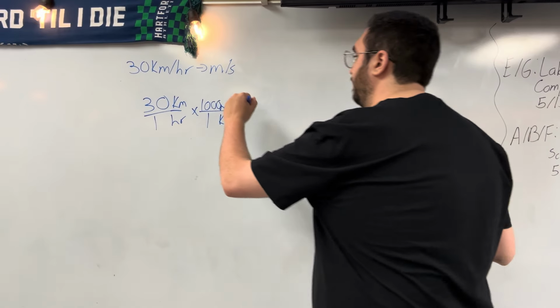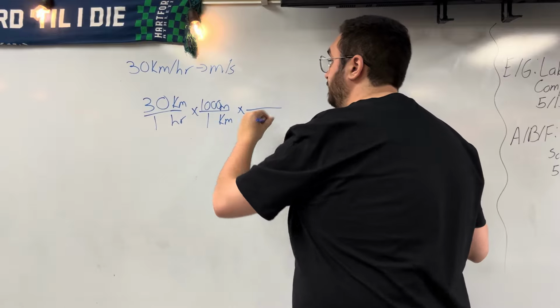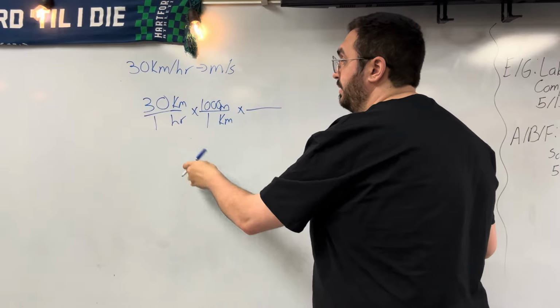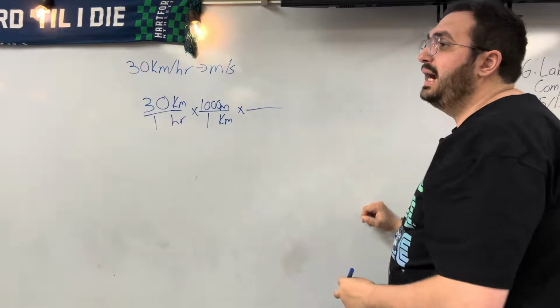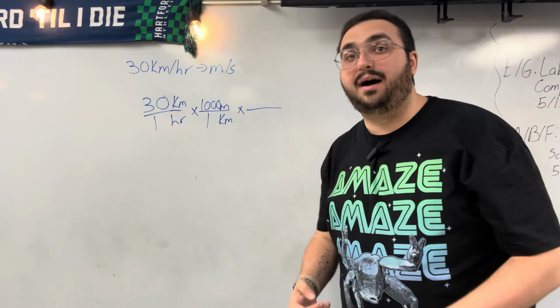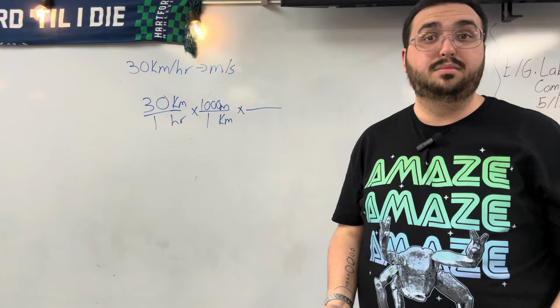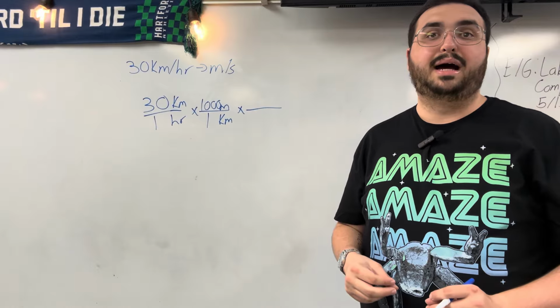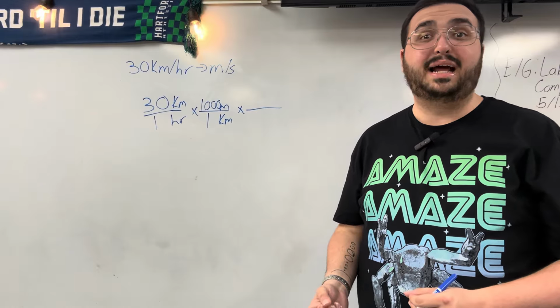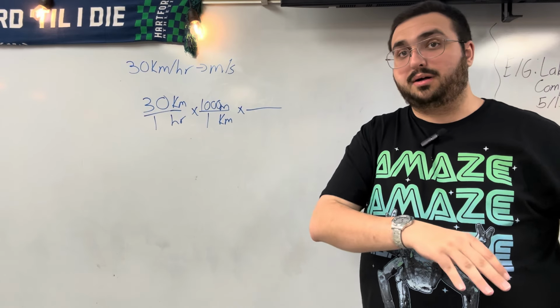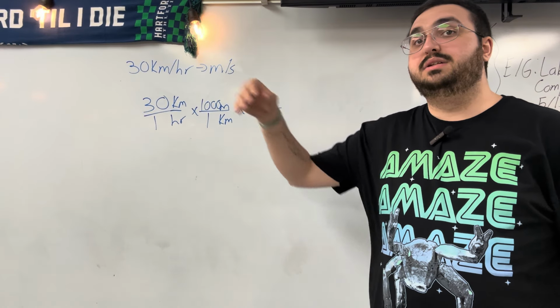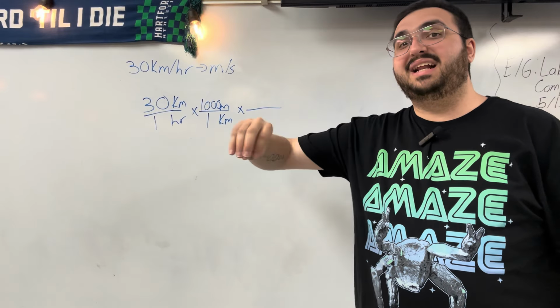So what we do is we just add another conversion factor, ignore that this has happened here, and start off with hours. Now, I don't know off the top of my head how many seconds are in an hour, but I do know how many seconds are in a minute and how many minutes are in an hour. So, again, like our previous problem, I can go from one to the other by using minutes as our middleman.